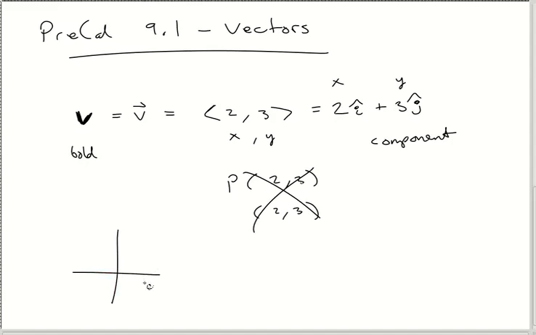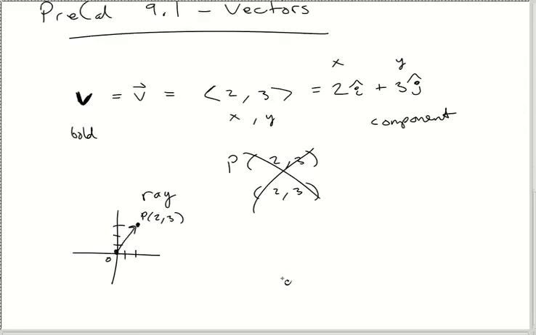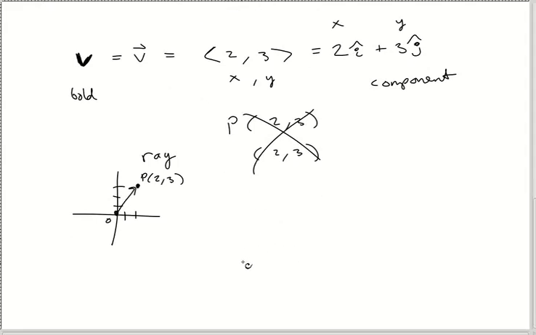What does that look like? A vector, geometry-wise, is called a ray. A ray basically starts and goes out from a point. The origin is where we're starting, and we're going out until the point 2, 3. So that's the difference between a vector and a point.